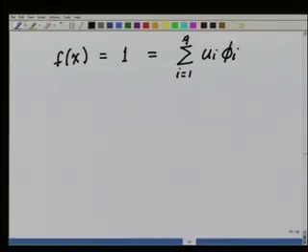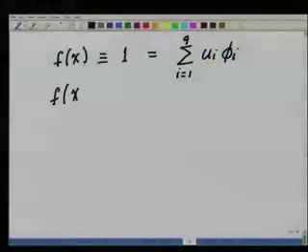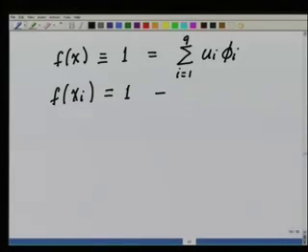Now if this function is equal to 1 everywhere in the domain, it has to be 1 at the points x1, x2, x3, and so on. So if I go to the point x_i, this is still equal to 1, but then this will be equal to u_i, which tells me that the u_i's on the right hand side are all equal to 1.